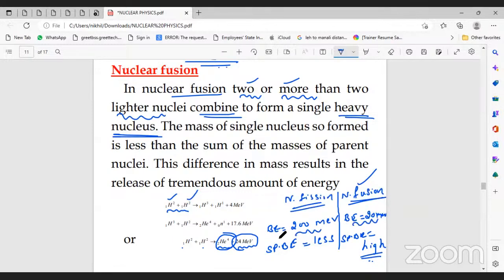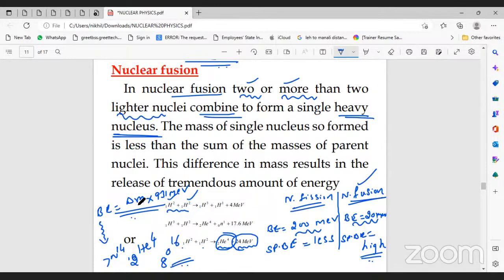And I think you know how to calculate the binding energy, right? Binding energy is calculated by using the formula mass defect into 931 mega electron volt. You should at least remember how to find the binding energy for standard nuclei, like for 7N14, for helium nuclei 2He4, and for oxygen nuclei 8O16.